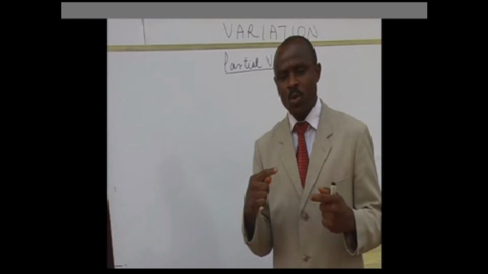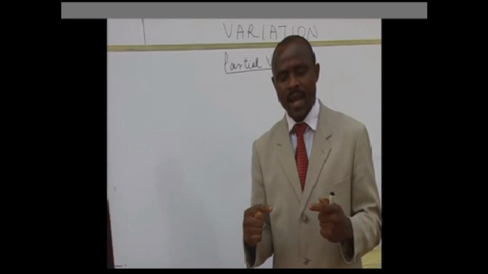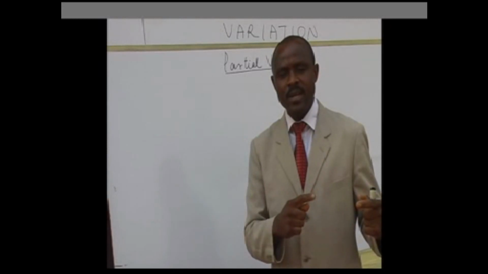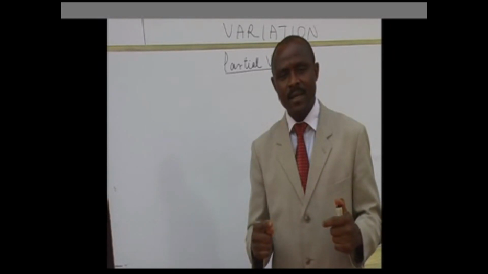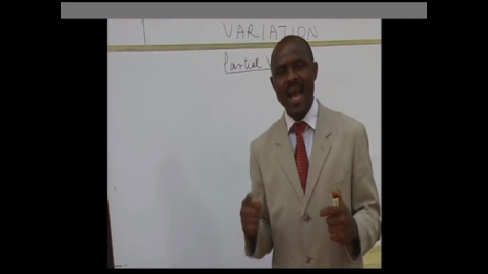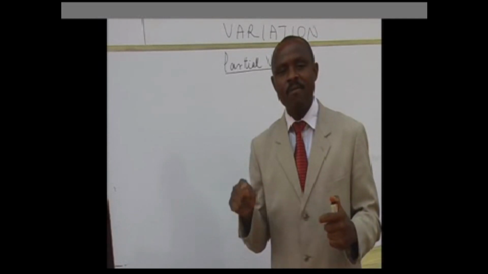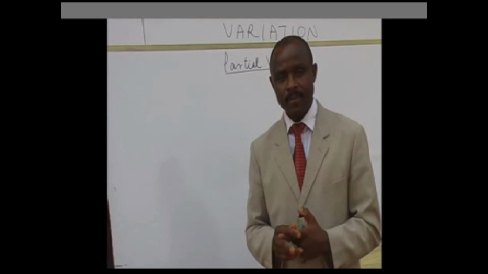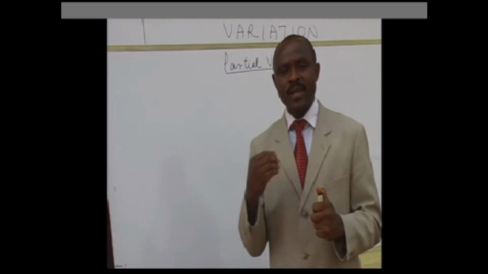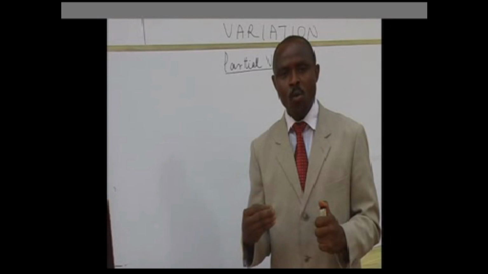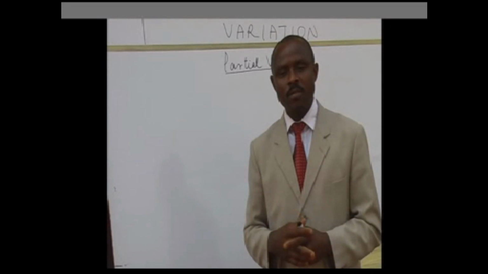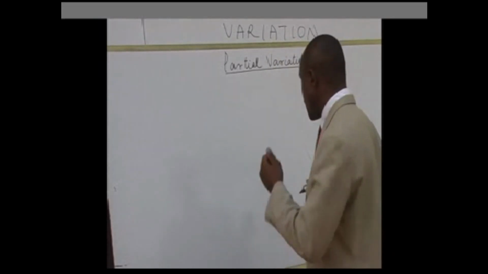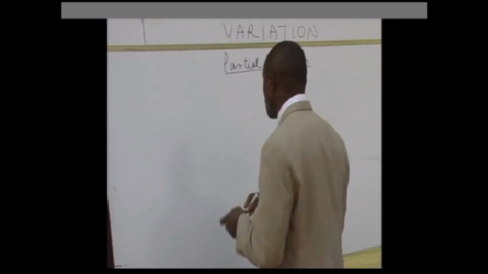And the question about it always goes like this, that something is partly constant and partly varied with another thing. More of the understanding and the explanations will come when we go into solving problems. But let me just tell you that in partial variation, you'll be seeing things like this.